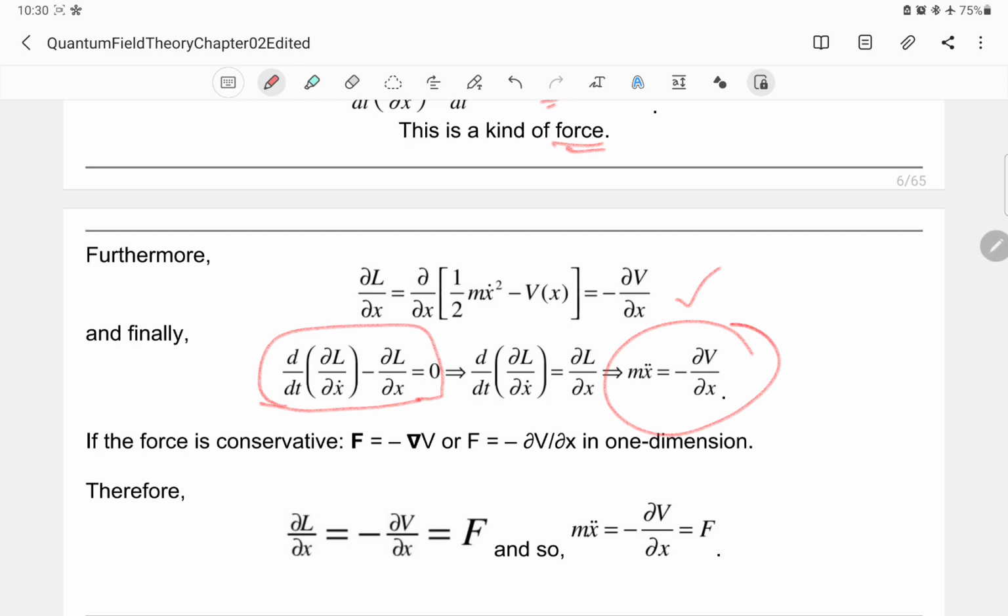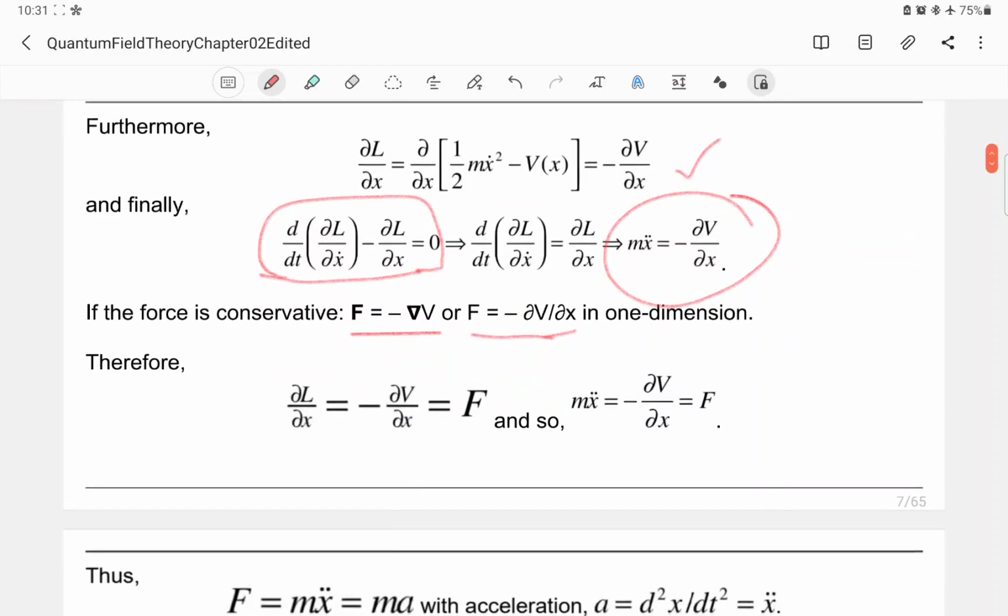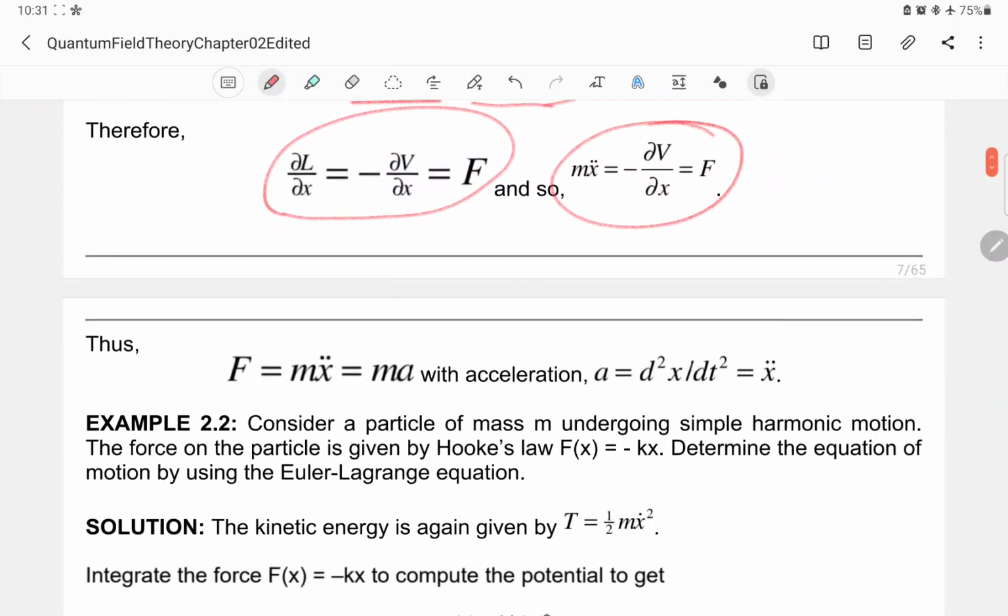The force is the negative gradient, the del of the potential, and in one dimension you have this. Therefore, if the potential is conservative, you have F equal to ma, which is what we know from basic physics.